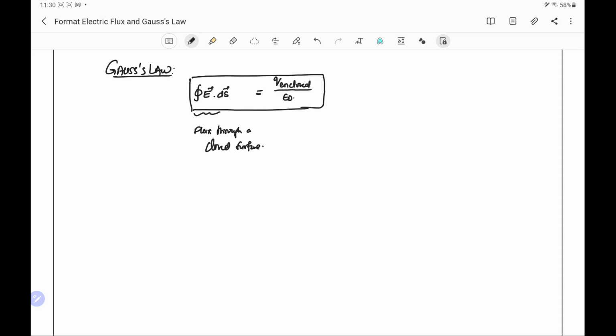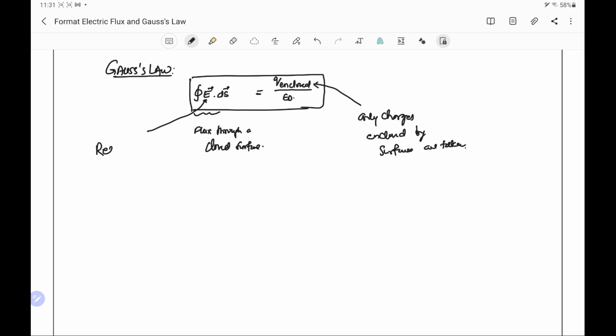Here it is important to note that for flux, only the charges enclosed by the surface are taken. That means in this expression, the charges are those charges which are enclosed by the surface, while E is the electric field intensity.